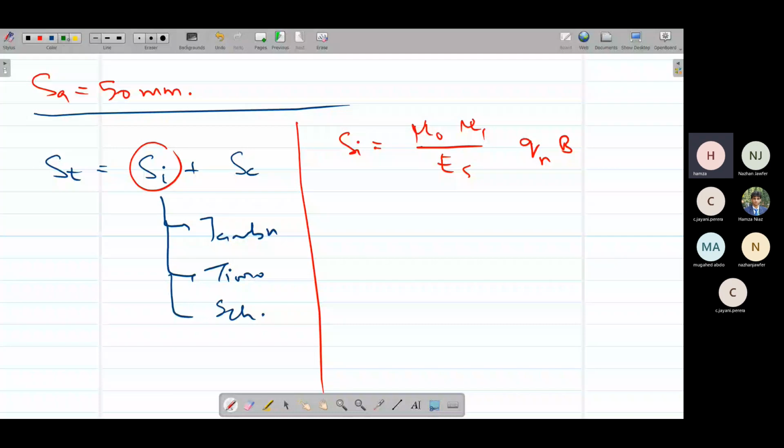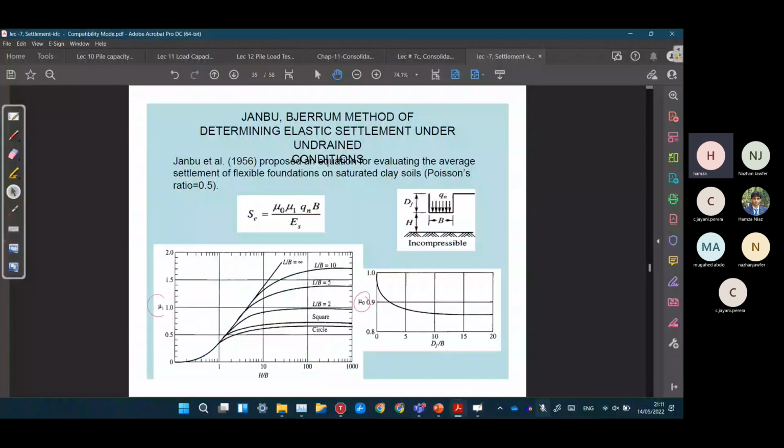Now mu naught and mu1 we can get from this graph of mu naught and this graph of mu1. If we calculate Df over B, the depth of the footing divided by the width of footing, we can get this Df over B. And if we calculate the height over the base, we can get this H over B. Using these and L over B ratios, we can get mu naught and mu1. And remember where we have to calculate this one: for example, this is a group of piles.